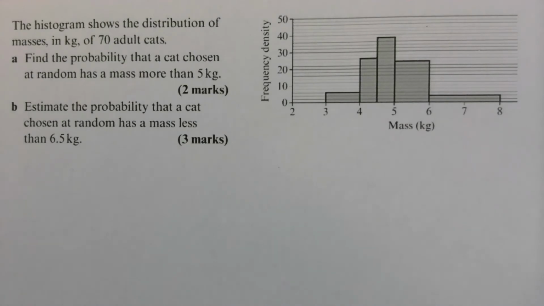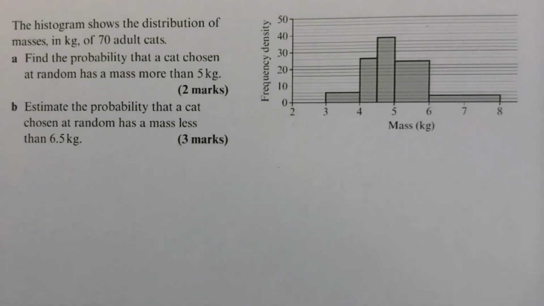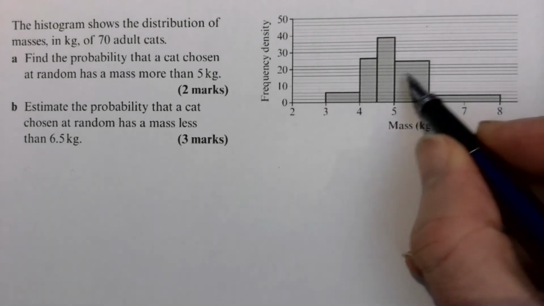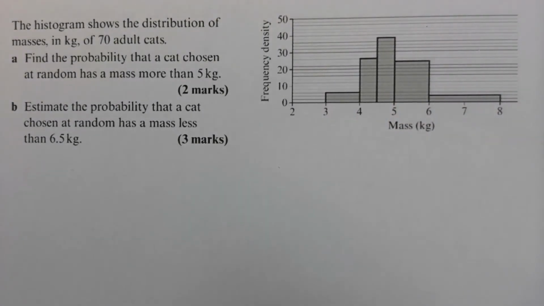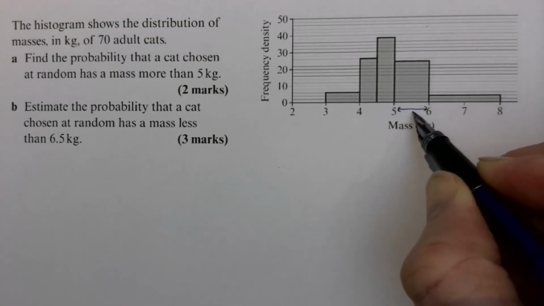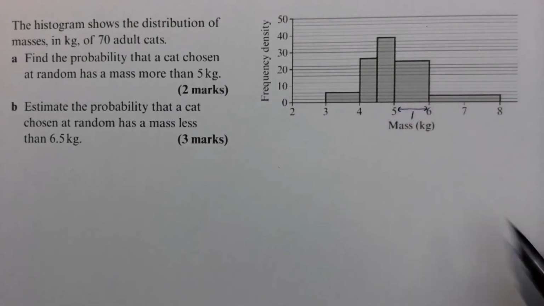Okay, histogram next. Give this one a go. So, frequency density goes up the outside. What you need to remember with a histogram is that the frequency is the area under the graph. So we've got here a width of 1 and a height of, it looks like 22, or is it 24?